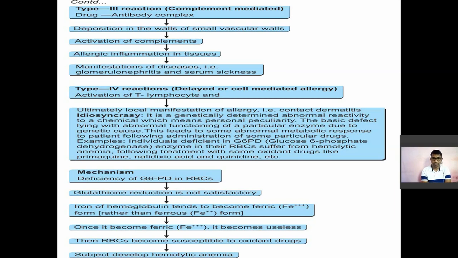And once it becomes ferric, it becomes useless. Hemoglobin needs ferrous. If it is ferric, hemoglobin is useless. If it is useless, then obviously the body will destroy it.